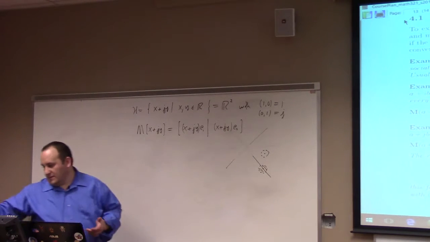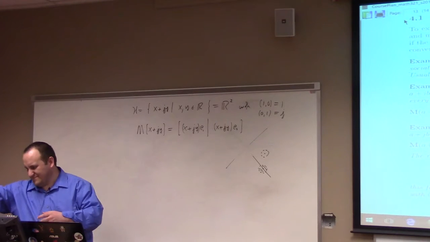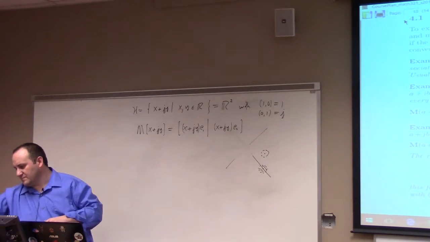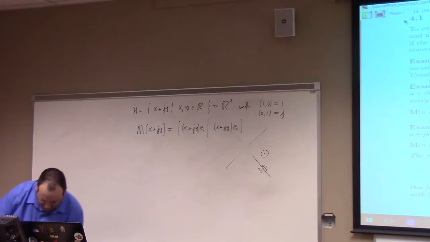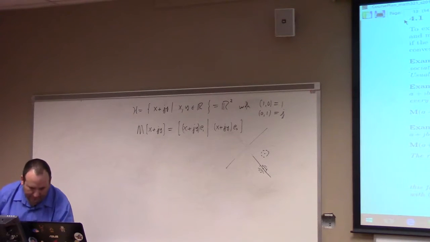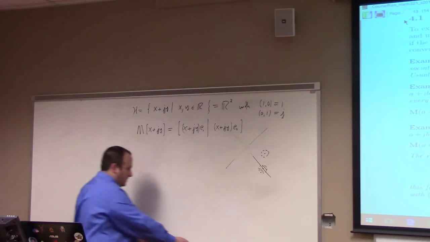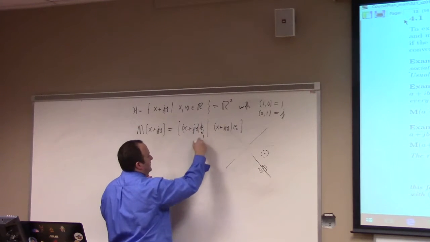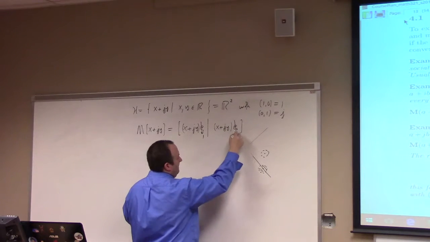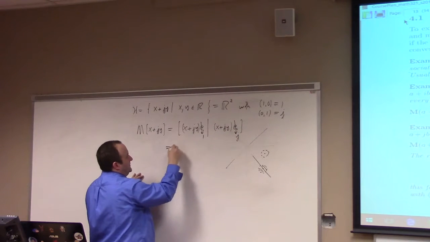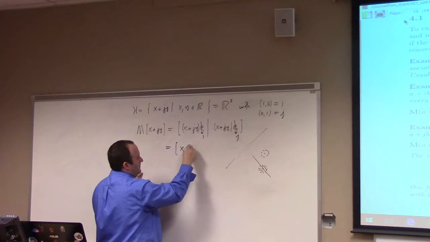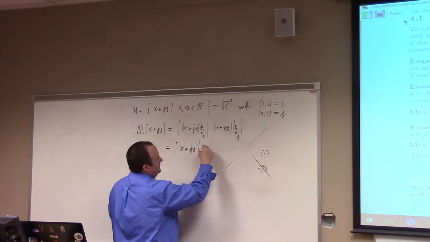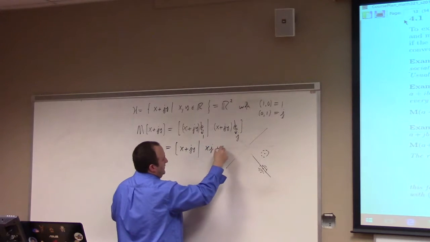But E1 and E2 here are just the basis vectors, so E1 is 1, right? E2 is j. So that gives us x plus jy, and this gives me xj plus y.